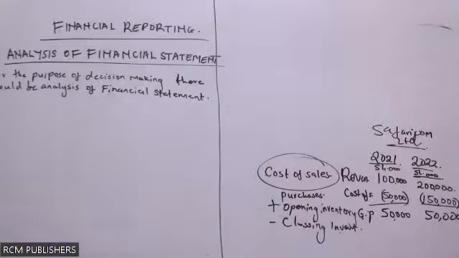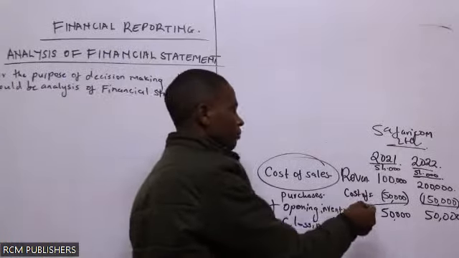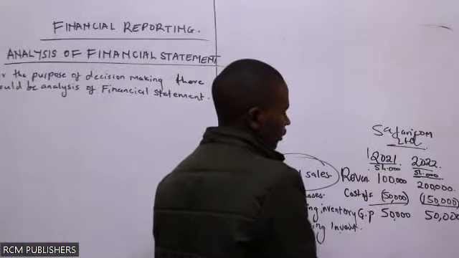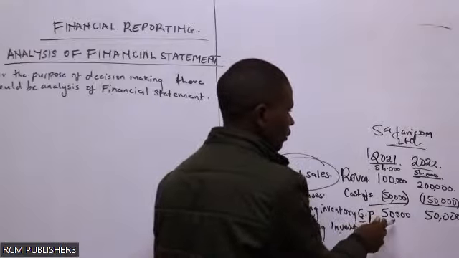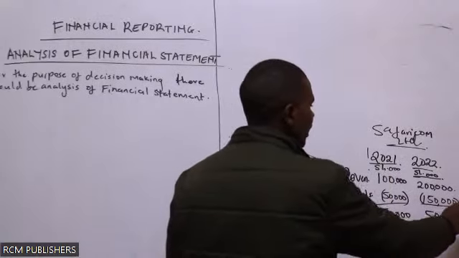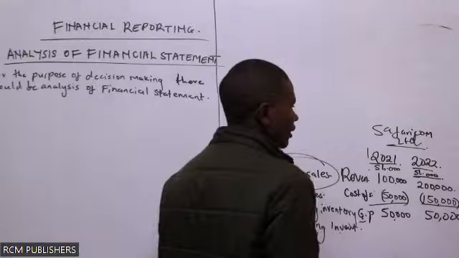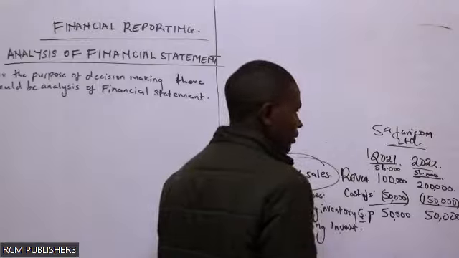So anytime we want to make a decision, for instance, now you can advise this company. You tell them that you're getting a gross profit similar to the year 2021 compared to year 2022 because you had higher cost of sale in the year 2022.